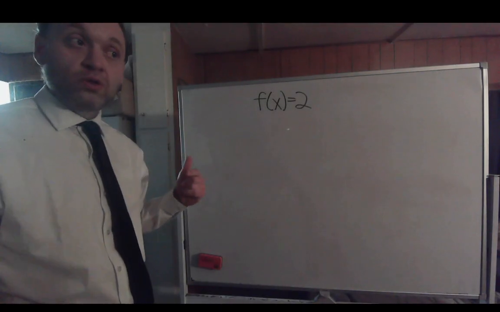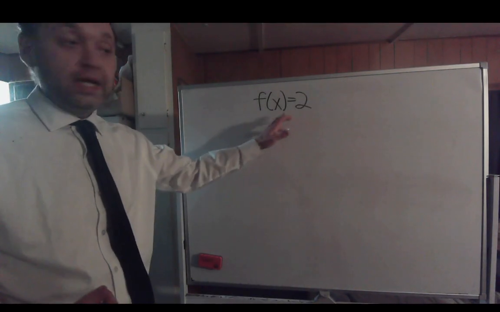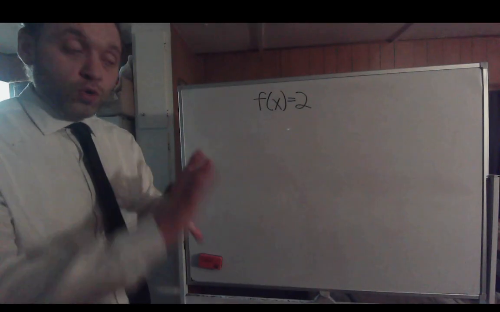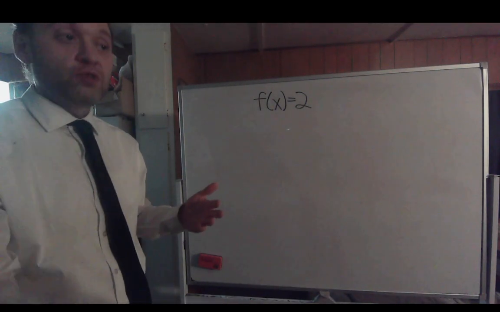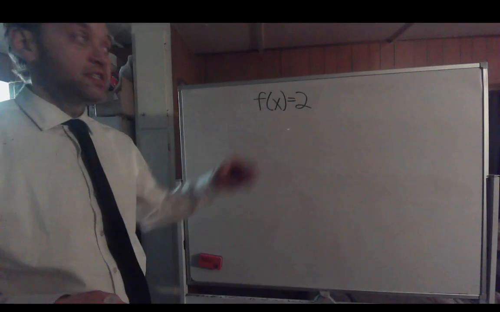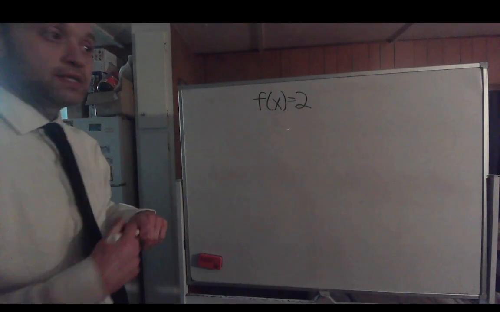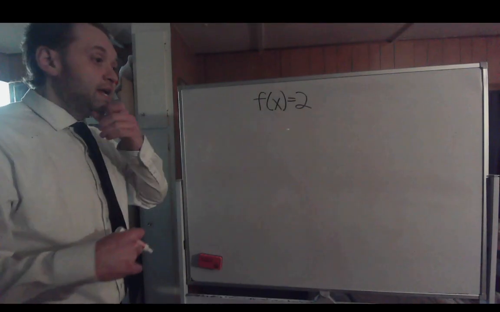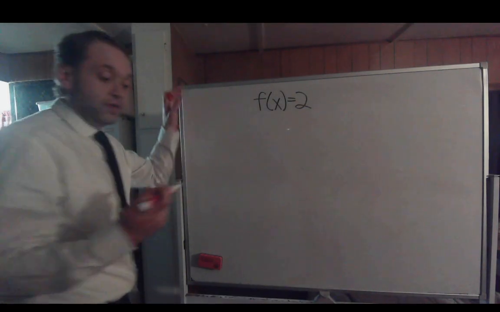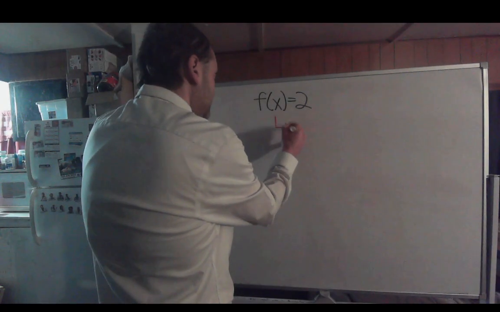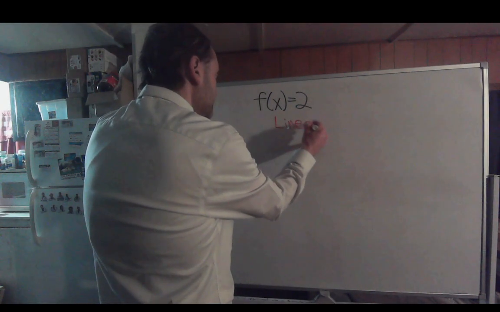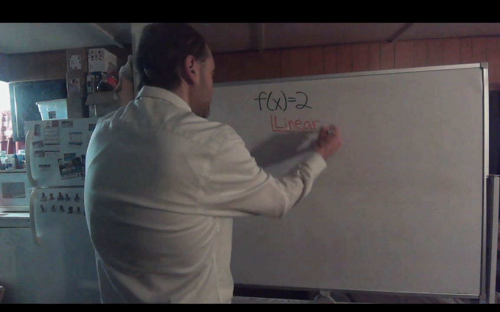Horizontal line, 0 slope. It's a horizontal line, and it'll pass the vertical line test because it would only intersect a line at one point. And actually, yes, this is a linear function because the graph gives you a line. So this would also be linear.